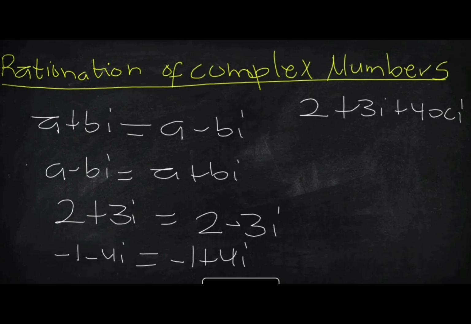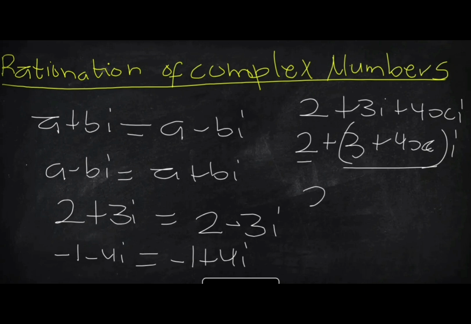So we can factorize i out: 2 plus (3 plus 4x) times i. Changing the sign between the real part and the imaginary part, the complex conjugate becomes 2 minus (3 plus 4x), then multiplying i.